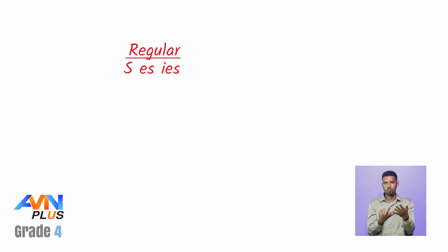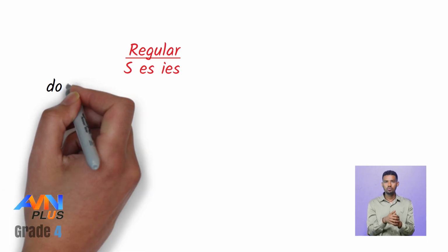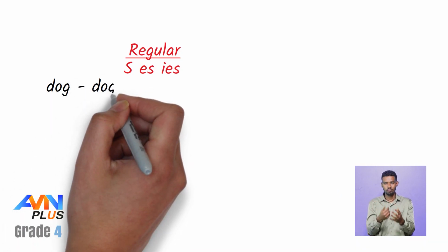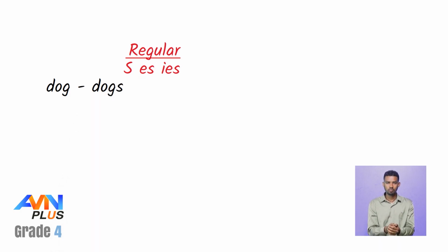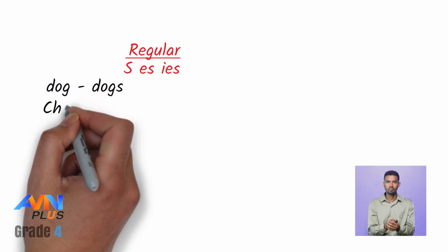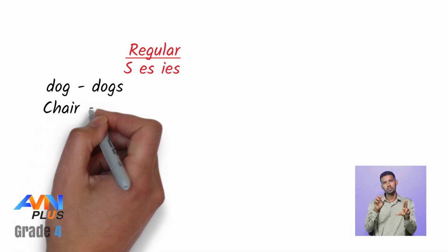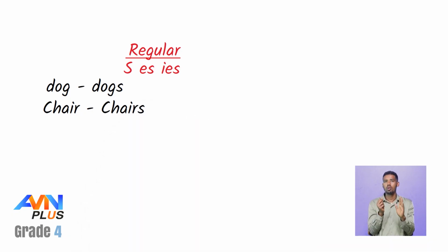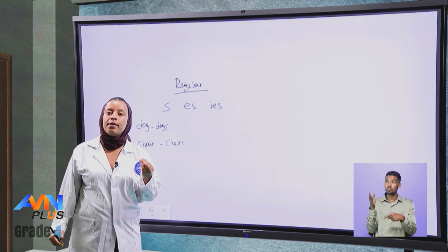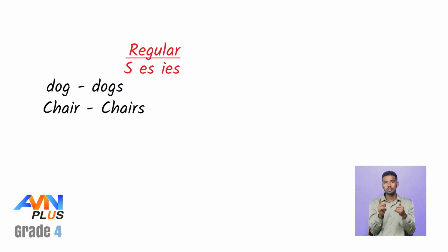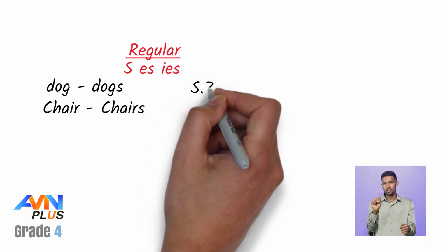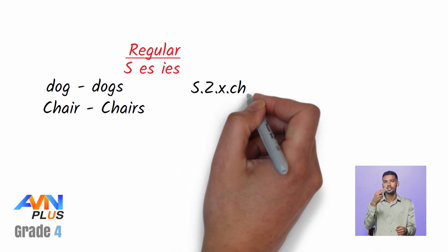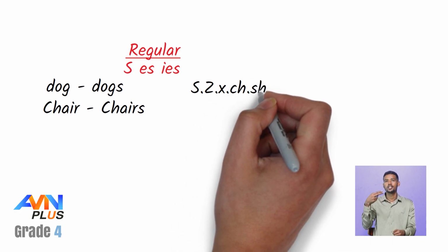Like dog, dogs. Chair, chairs. And more examples. When we come to ES, it is for nouns ending with s, z, x, ch, and also sh.